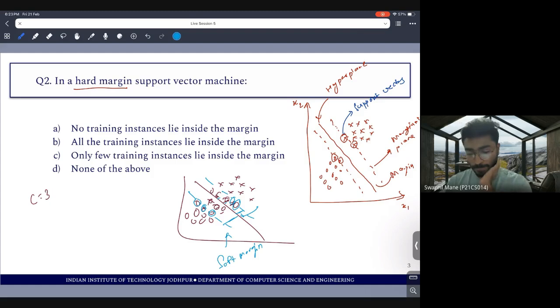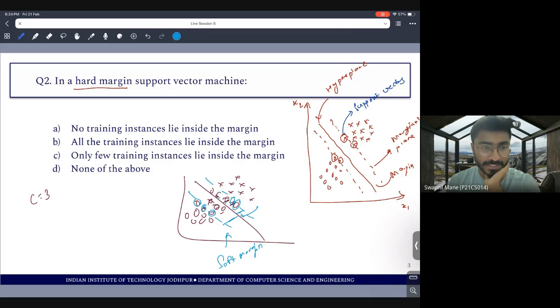Okay, yeah. So considering whatever explanation we have seen right now, what could be the answer of this question? In the hard margin support vector machine, which option is correct? A: No training instances lie inside the margin. Okay, that we have already discussed here.